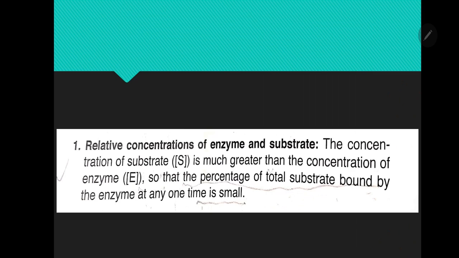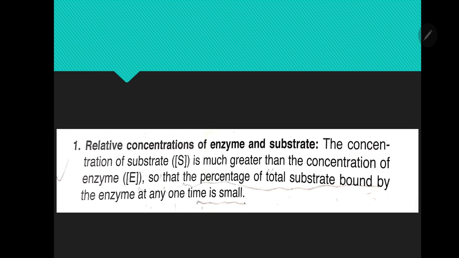Now, we have made certain assumptions in deriving this equation, and the first assumption concerns the relative concentrations of the enzyme and the substrate. We have to see how much substrate and how much enzyme there is, what their concentrations are.